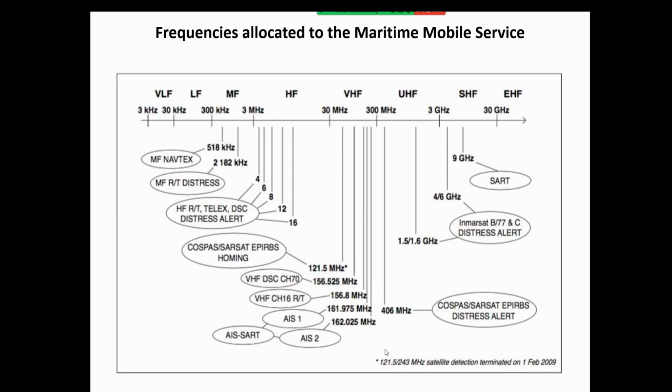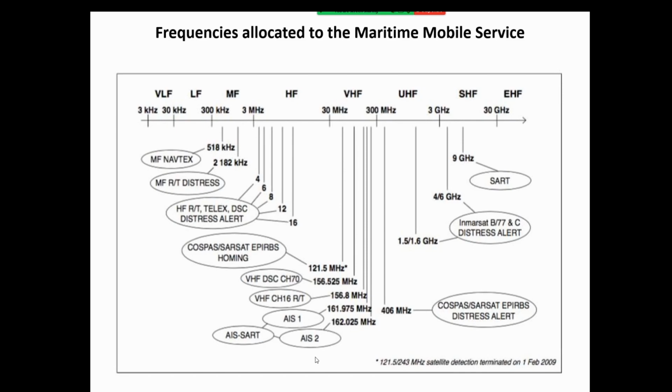There is a little parentheses that states that that was terminated, but most of the equipment still monitors it. 156.525, that's channel 70, the DSC. 156.8, international VHF distress frequency.